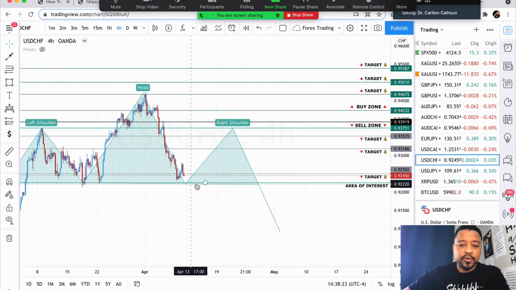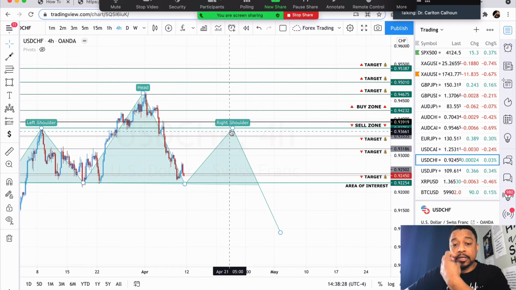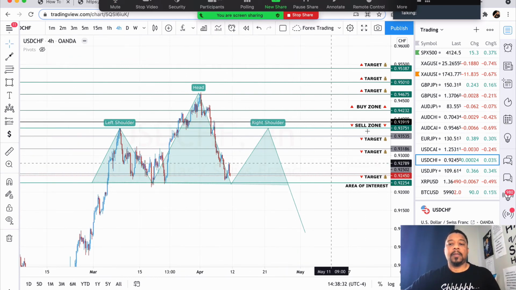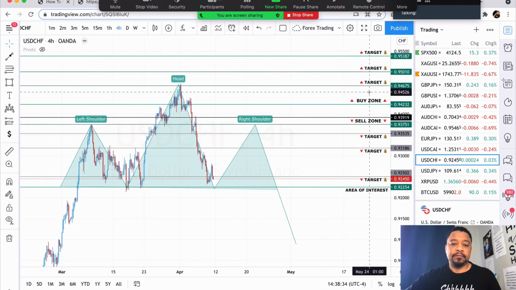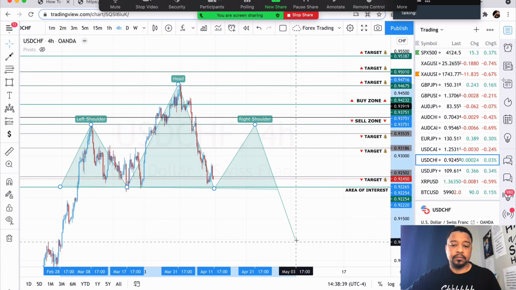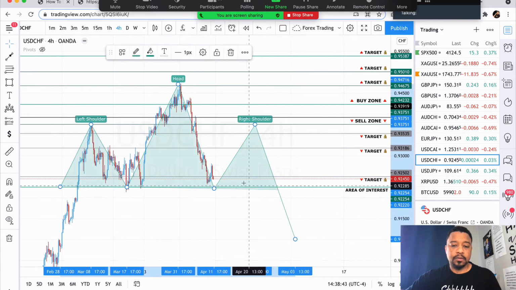I think we're going to get a little rejection around here where I have this area of interest to push up, and then you can sell it back down. Right here.